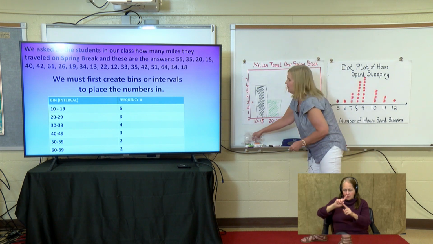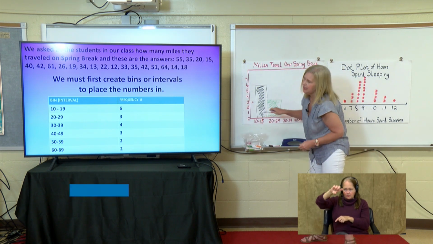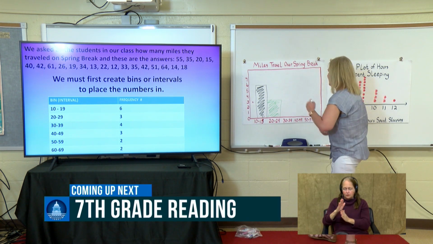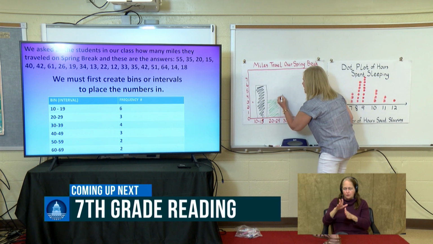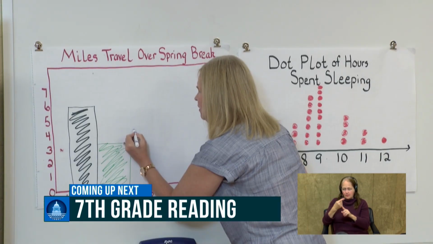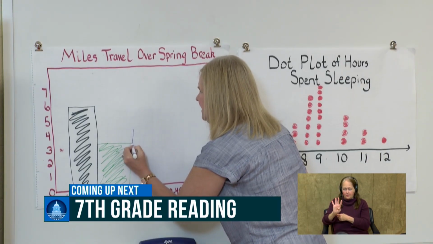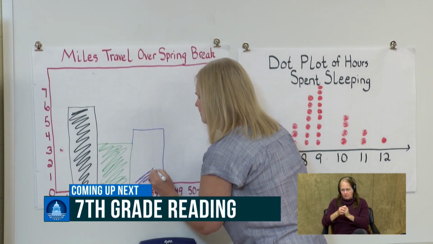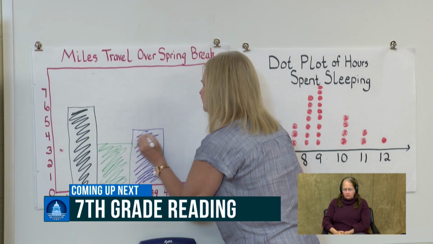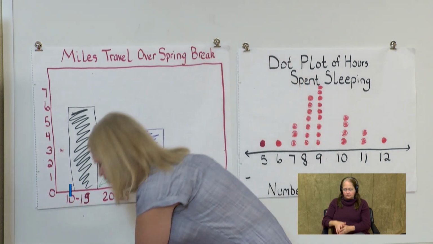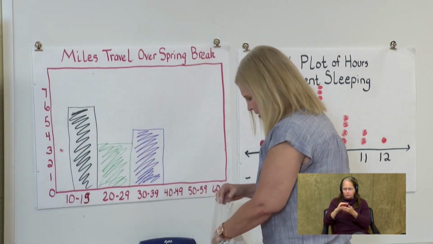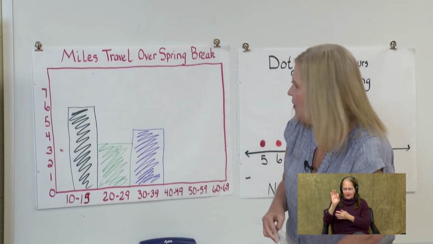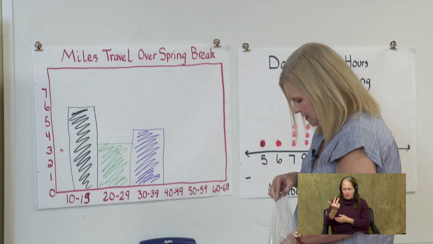The next bar we have is 30 to 39, and there were 4 students with 30 to 39. So you're going to go up to the 4 and connect it. On the next one, excuse me, we're looking at 40 to 49, and you have 3 of those.